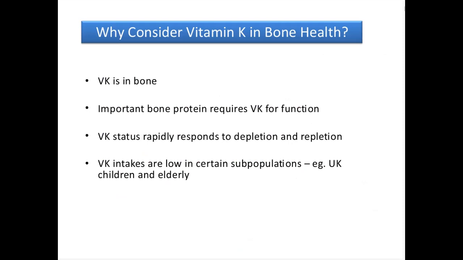And the logic is if there's vitamin K in bone, it must serve some function. Another reason we study vitamin K in bone health is there's a bone protein called osteocalcin that requires vitamin K for its function. So this bone protein is one of those proteins that requires vitamin K to be recycled to give the biochemical change so it has function.